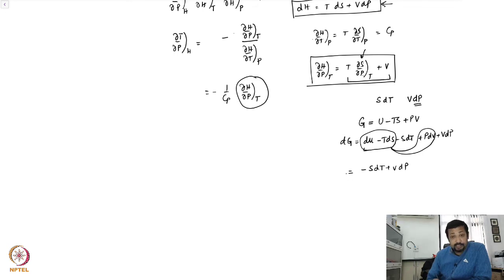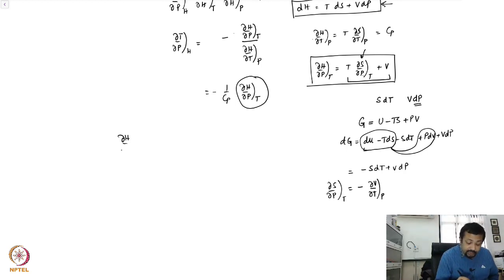You immediately see the Maxwell relation is (∂S/∂P) at constant T is minus (∂V/∂T) at constant P, and (∂V/∂T) at constant P is a derivative we are familiar with because it relates to the expansion coefficient of the gas.